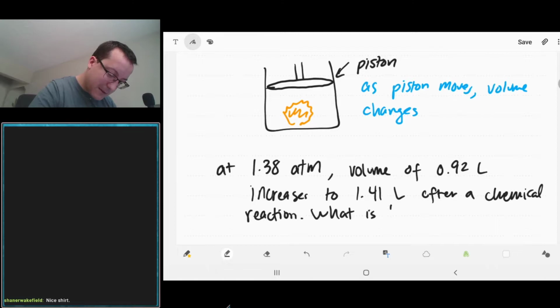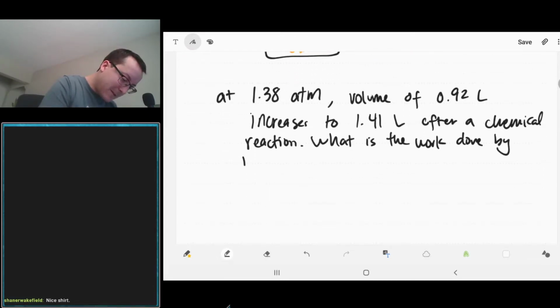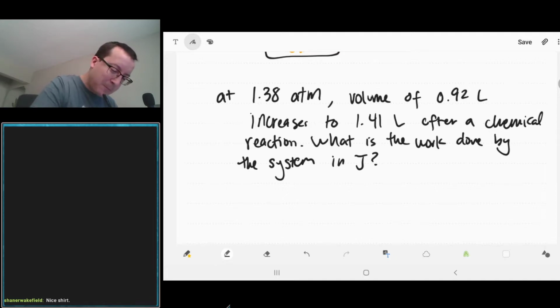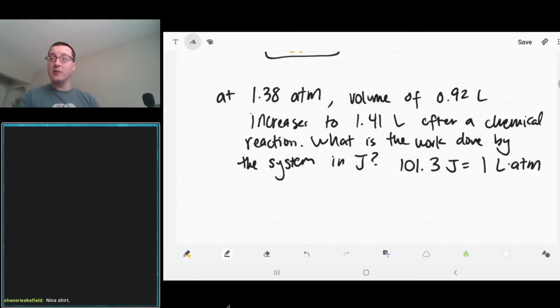What is the work done by the system? And just for fun, let's make it in joules. Let's see, 101.3, yeah. Liter times atmosphere is also a unit of energy, and there's a conversion factor for you.